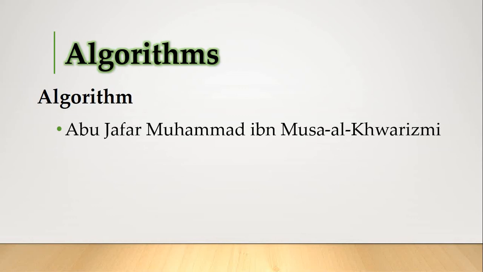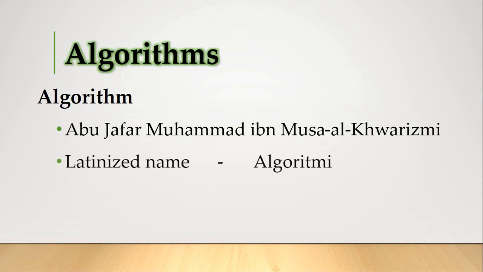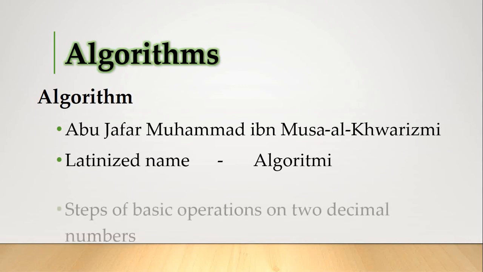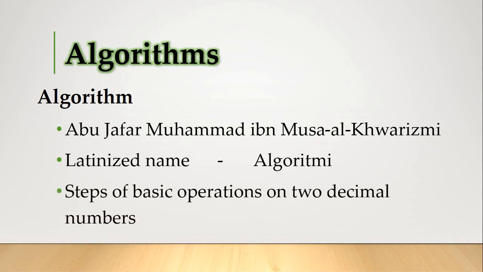This is an Arabic mathematician's name. His Latinized name is algorithmi. From the Latinized name, the word algorithm is derived. He had invented the steps of basic operations on two decimal numbers. In this way, the algorithm was introduced.